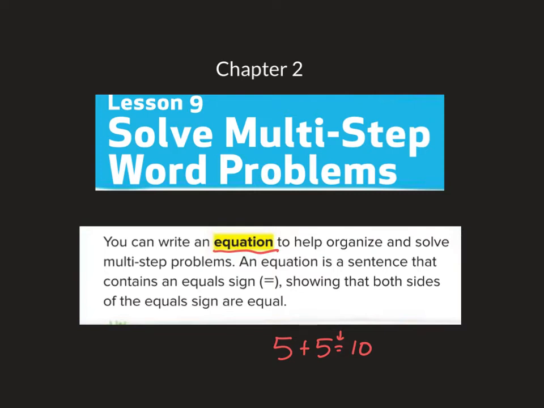Anyways, so an equation is a sentence that contains an equal sign, showing that both sides of the equal sign are equal, right? So if I look at this, I would say 5 plus 5 is 10. 10 equals 10. Is that true? Yes, they're balanced. They're equal to each other. All right, well, let's get started.